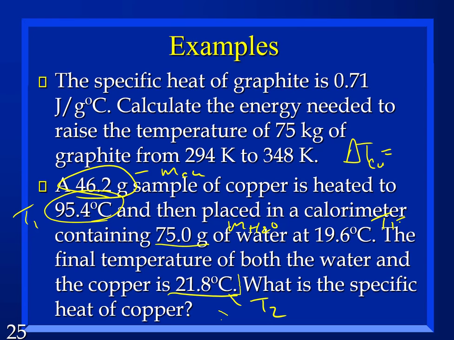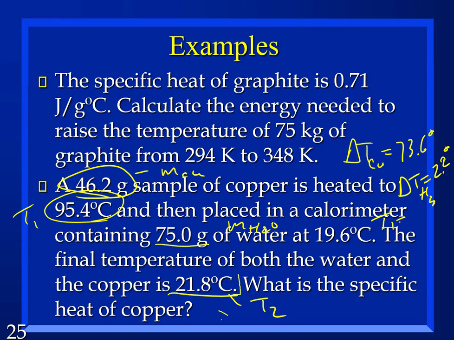So the delta T for the copper is 73.6 degrees Celsius, and the change in temperature for the water is 21.8 minus 19.6, which is 2.2 degrees Celsius.